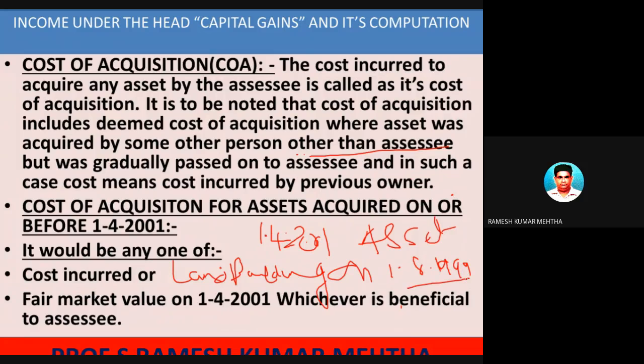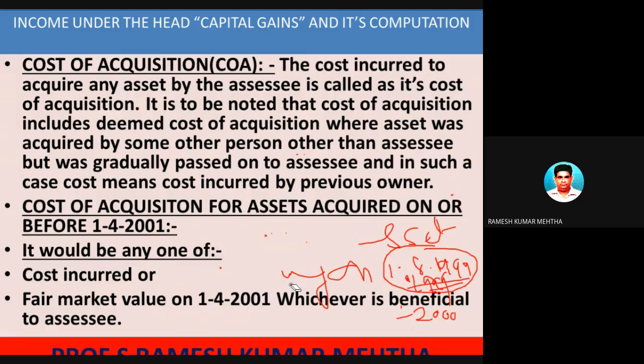So this is a case where the asset has been acquired by the assessee or by the previous owner before this date. Now, why is this date very important? Because for the purpose of indexation, we have the cost inflation index as 100 for 2001. But do you have an inflation index for the year 1999, 2000? No, it's not there. So that is the significance of this particular point.